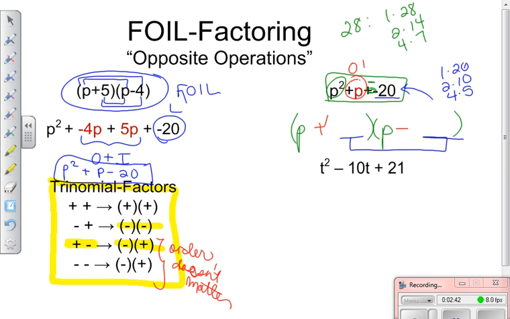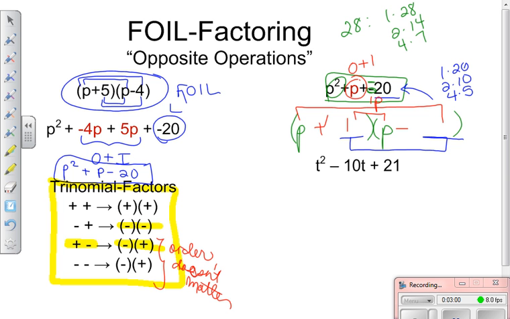Remember, that's outside plus inside, and we would run through all of our factors of combining outside and inside to get 1p.